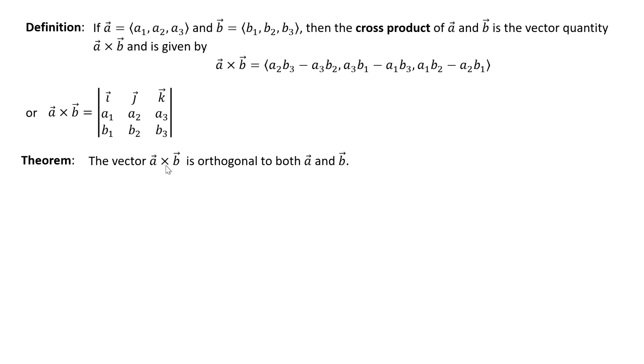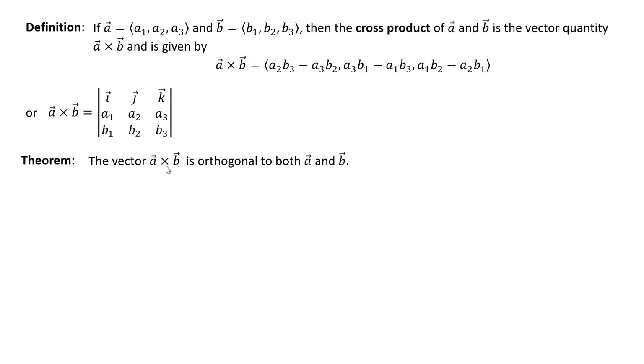And directly I'll go to a theorem. The vector A cross B is orthogonal to both A and B. What's orthogonal? Sort of perpendicular.